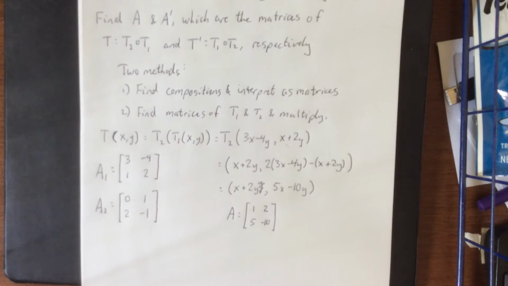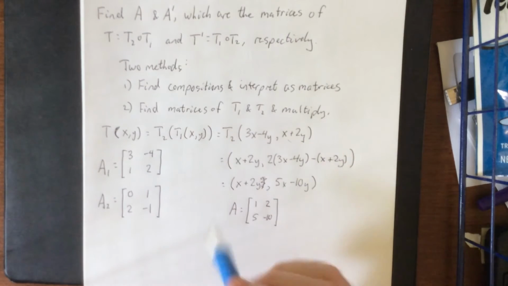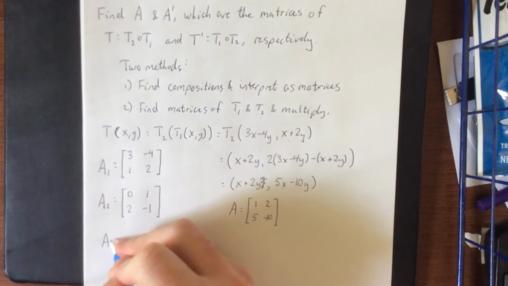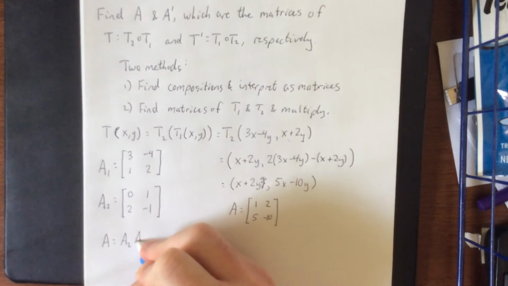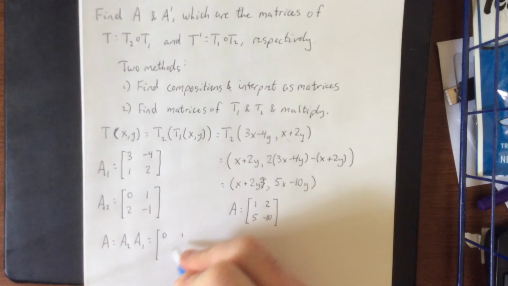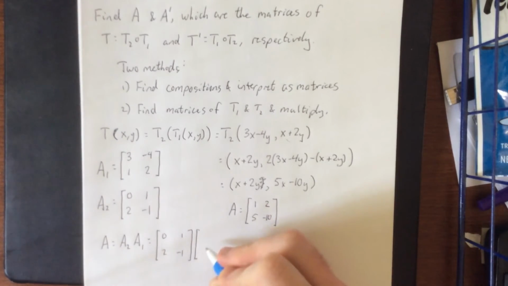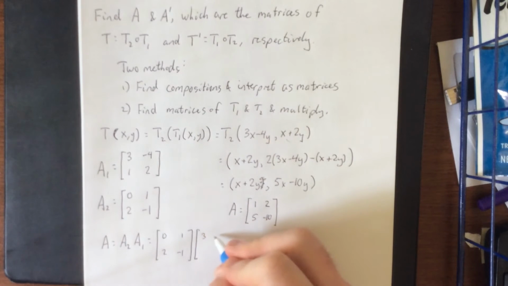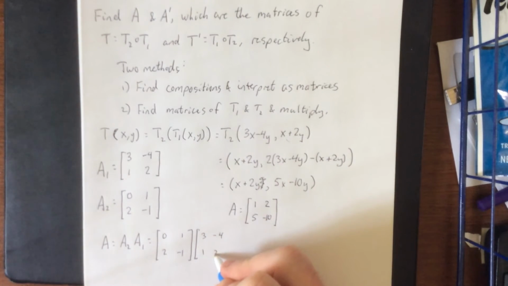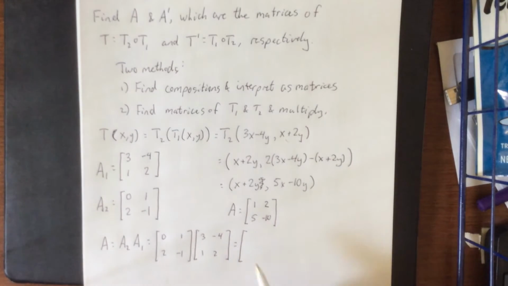Now the multiplication associated with these is going to be the same as the order in which we write the transformations. So matrix A is going to wind up being matrix A2 times matrix A1. So A2, that'll be [0, 1; 2, negative 1], multiplied by A1, which is [3, negative 4; 1, 2]. And then we multiply.